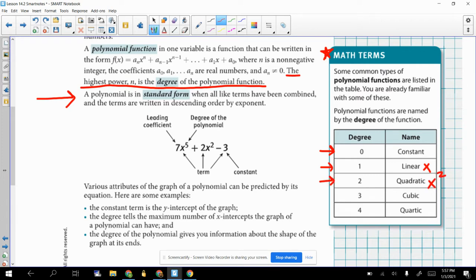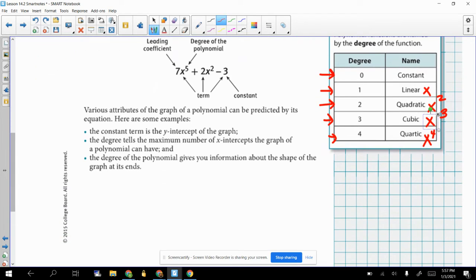So that has a degree of 2. You have a cubic, which would be x cubed. So that has a degree of 3. And you have quartic, which would look like x to the 4th. So that has a degree of 4. So that's where that comes from. And again, as long as it's in standard form, you should be able to see that.